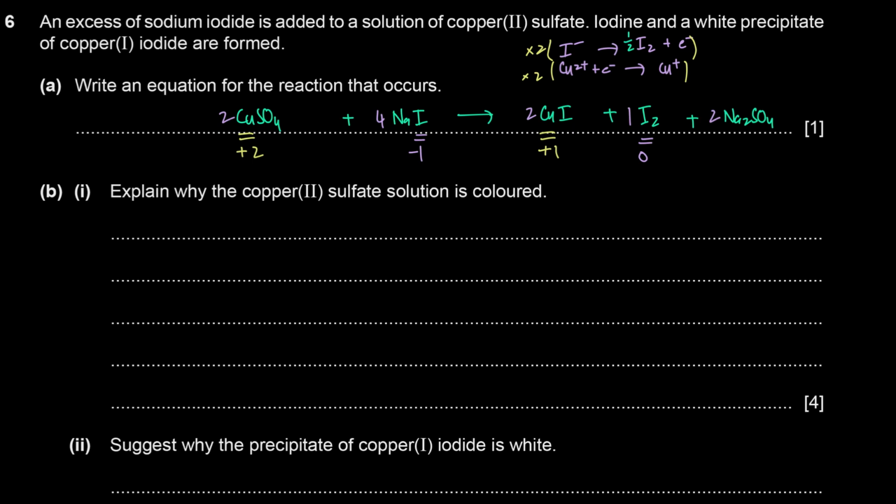The reason is that in solutions of transition element ions, first of all, the d orbitals are split into 2 different sets of orbitals with different energies.